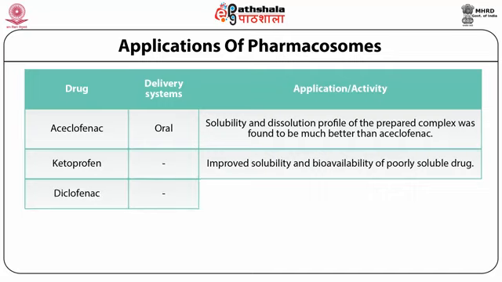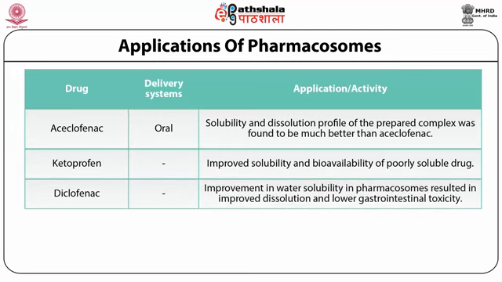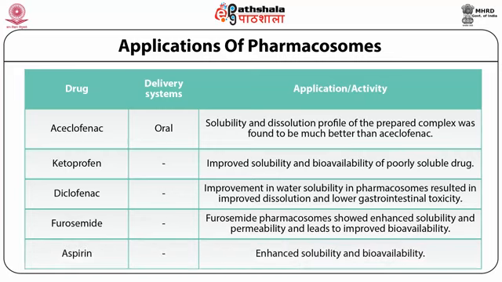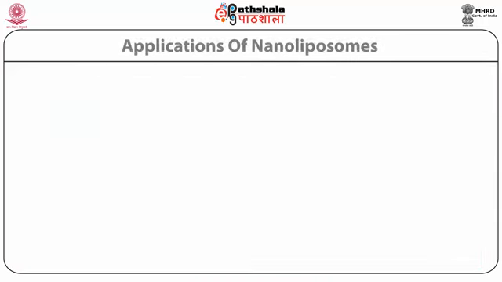In case of diclofenac, which is also given by oral route, it showed improvement in water solubility in the pharmacosomes form, which resulted in improved resolution and lower GIT toxicity. Similarly, the pharmacosomes of furosemide showed enhanced solubility and permeability, which leads to improved viability in the body. Then aspirin showed enhanced solubility and increased viability in the system.